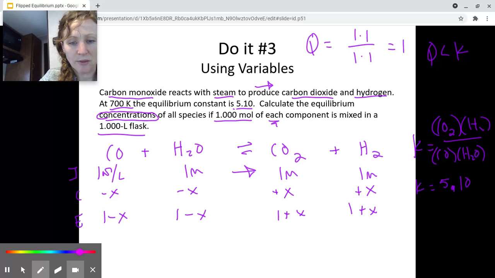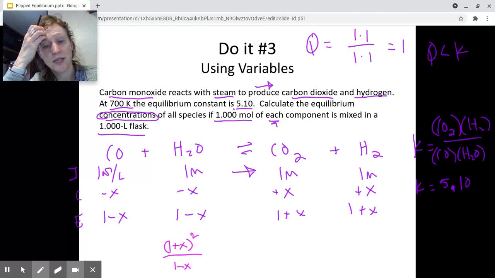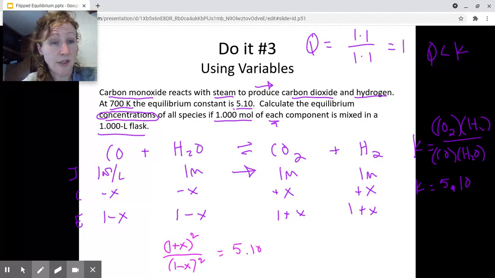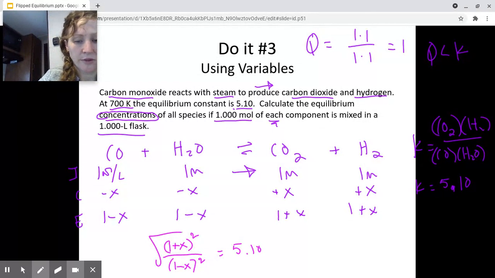Okay, now I'm going to have to solve. So 1 plus x times 1 plus x, I'm just going to do squared. 1 minus x times 1 minus x, again, I'll just do a square, equals 5.10. Okay, so now we need to solve for our x. Square root, square root.